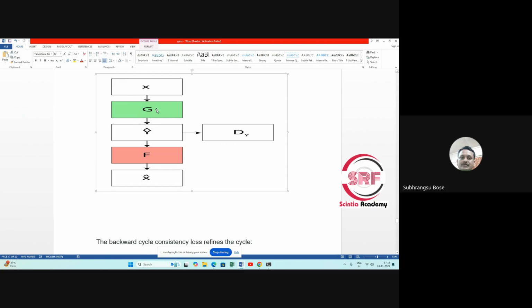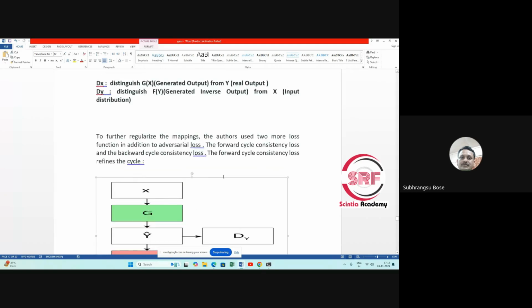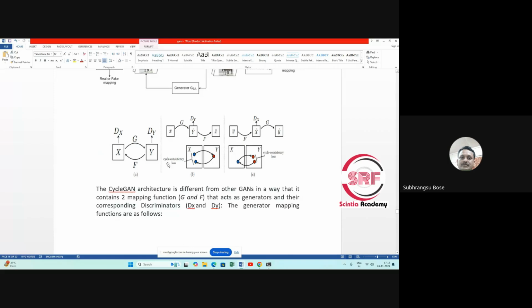If the same reverse generator is used for converting Y to X and it finds a different X, then this generator has some error and needs more training. This is called the generator loss of cycle GAN. X to Y and Y to X, a different cycle consistency loss. X to Y and another Y to the same X, that is the cycle consistency loss.